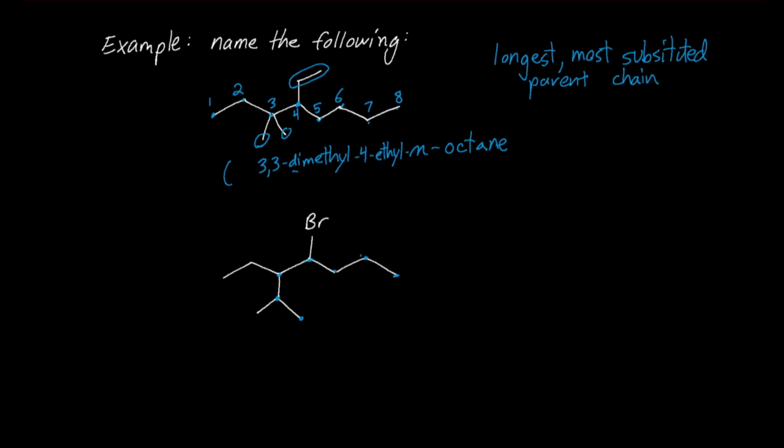Most substituted is actually the one I have highlighted. 1, 2, 3, 4, 5, 6, 7, because that has a methyl substituent, an ethyl substituent, and a bromine substituent. It has 3 substituents rather than just 2 if I took the straight chain that is more obvious. So this has 1, 2, 3, 4, 5, 6, 7. It's an N-heptane.